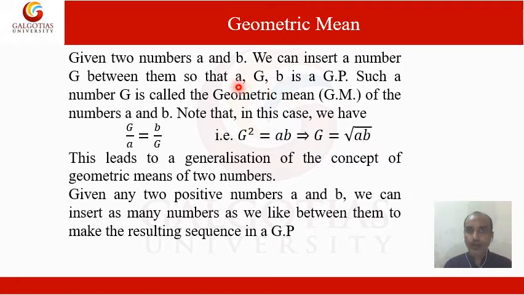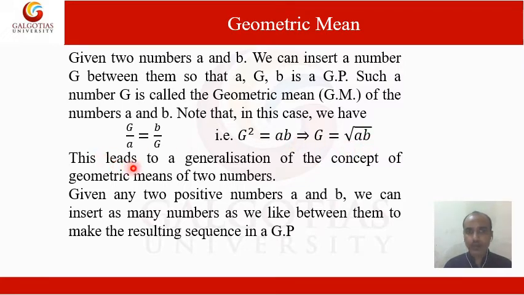Since the terms a, G, b form a GP, the common ratio between them is equal. For this, we have G by a equal to b by G, and after simplification we get G square equal to ab, and this implies G equal to square root of ab. This G equal to square root of ab is known as the geometric mean of two numbers a and b.